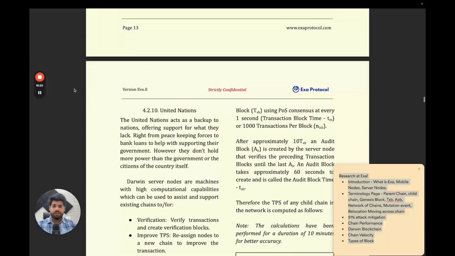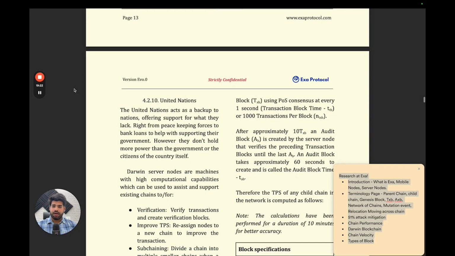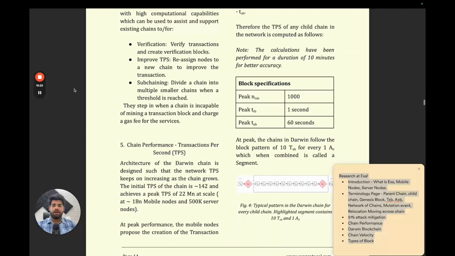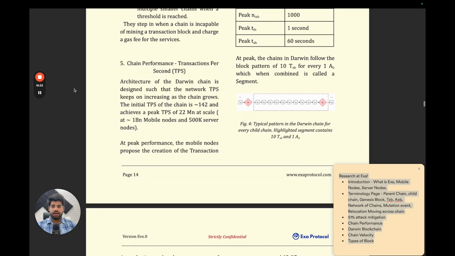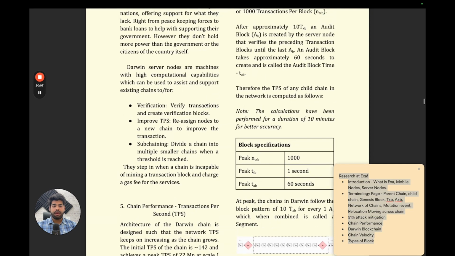Now let's talk about the chain performance. We started off by saying that Darwin achieves quite a high transaction per second throughput, and let's see how we have actually come up with that. What's the math behind it? We have architected Darwin in a way that every child chain has a TPS of 142. So let's first calculate how this 142 number popped up, and how we are saying that this will scale.